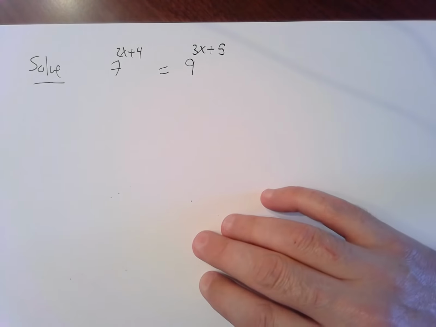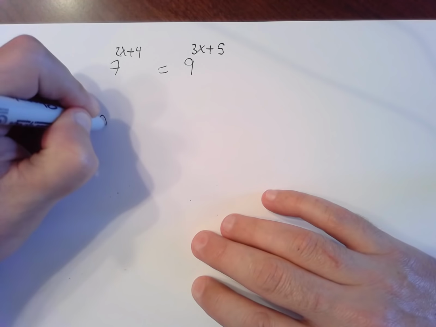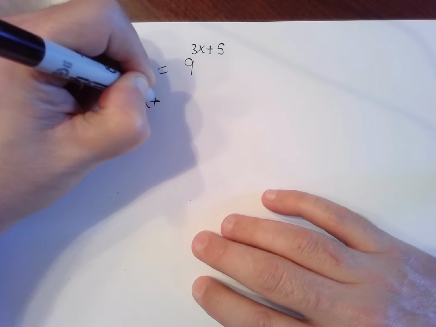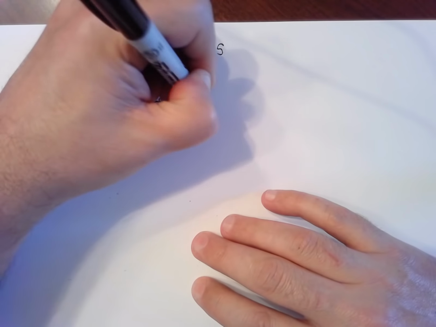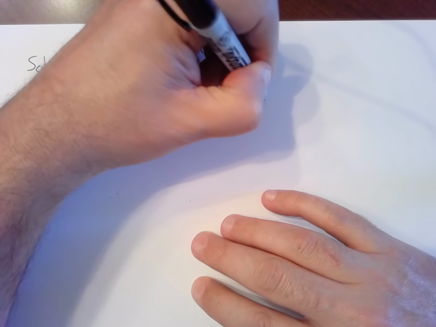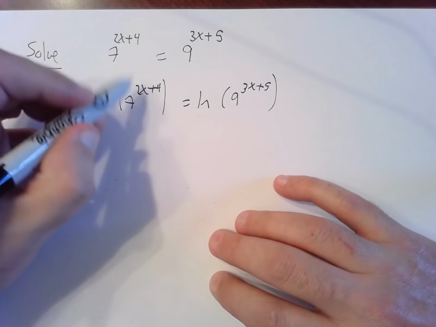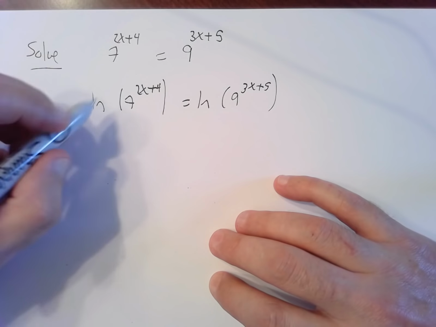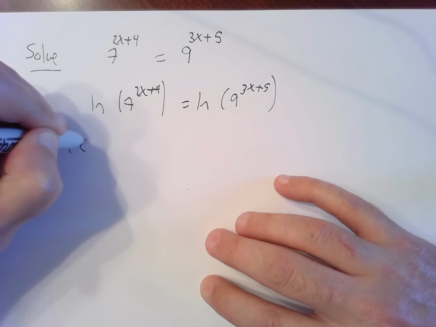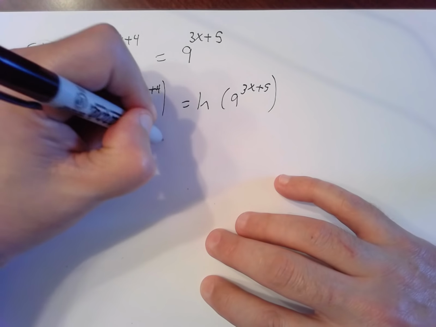Okay, let's solve this guy. We're going to do it the same way, taking natural log of both sides. The whole point of taking logs is to bring the exponents down to ground level. So exponent 2x plus 4 comes down to ground level.